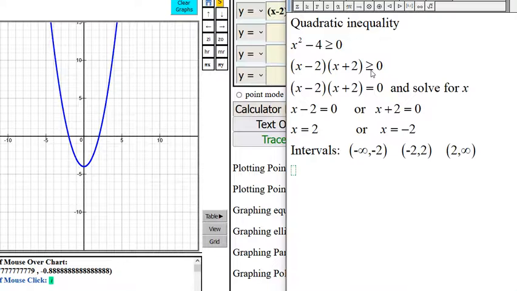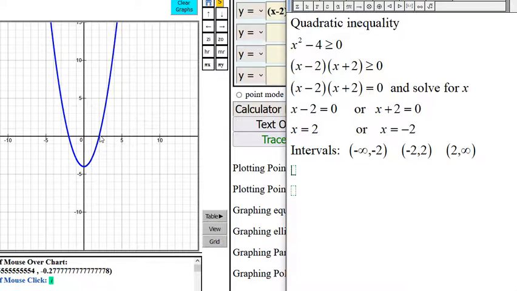And since this is greater than, then it is the outside intervals that will contain values that would make this inequality true. And if we look at the graph, the interval from negative infinity to negative 2, the graph is above the x-axis. And so that's where x squared minus 4 is greater than 0.